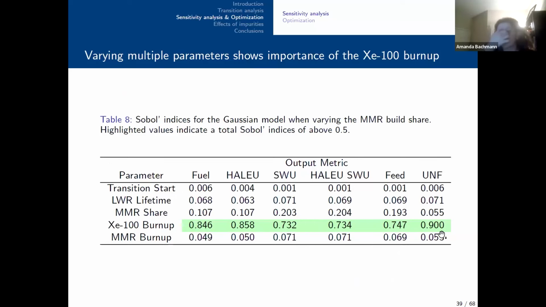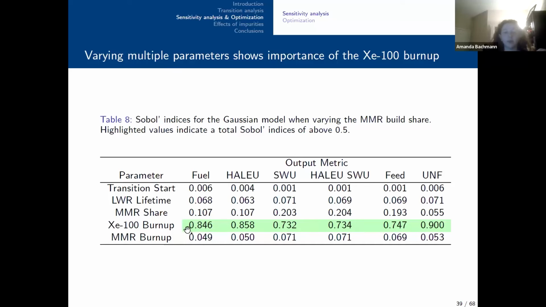And then I also wanted to look at what happens when we vary a lot of these parameters at once. What this chart here shows is something called Sobol indices. It's a value between 0 and 1 that represents the amount of variance you see in your output parameters, in this case the fuel, the HALEU, the SWU, et cetera. It tells you how much of the change you see in that output space is because of changes in this one variable.